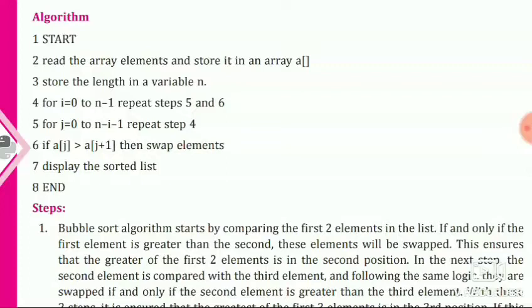There are two loops: the first loop for the pass and the second loop for the swapping. After comparison, if the first index element is greater than the second index element, then we swap both position values. Then we display the sorted list.